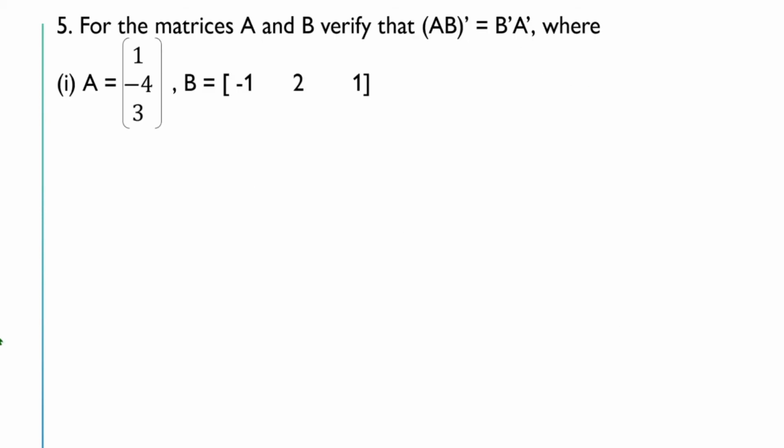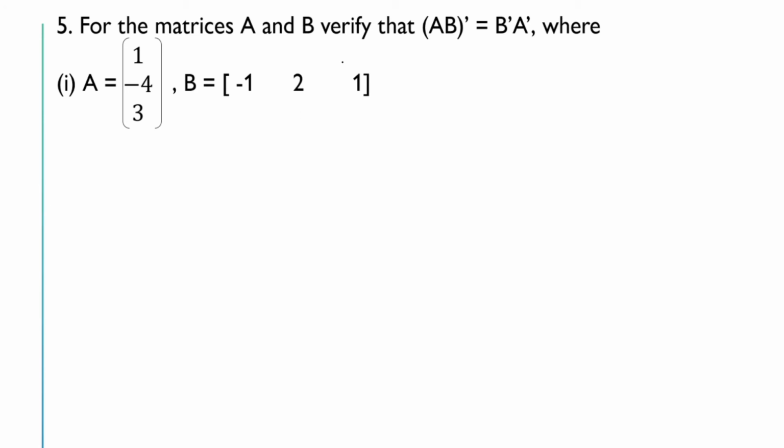The next one, for the matrices A and B, verify that AB the whole transpose is equal to B transpose into A transpose, where A equal to this 3 by 1 matrix 1 minus 4 3 and B is equal to minus 1 2 1. So we have to verify AB the whole transpose is equal to B transpose into A transpose.